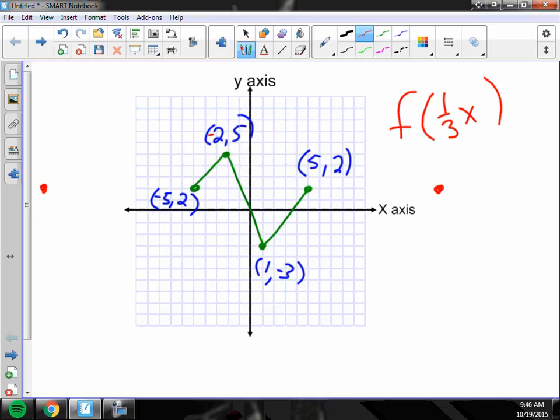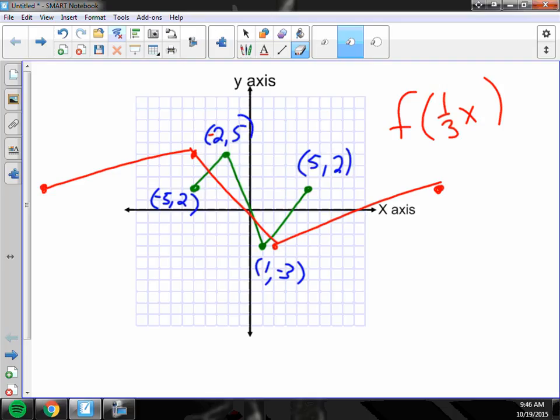The negative 2 becomes negative 4, and the 1 becomes a 2. Oh, it's not 4, it's 6. You're right. So this should be over here. So multiplying by 1/3 on the inside will make it 3 times wider. So just remember that the x-axis works backwards.